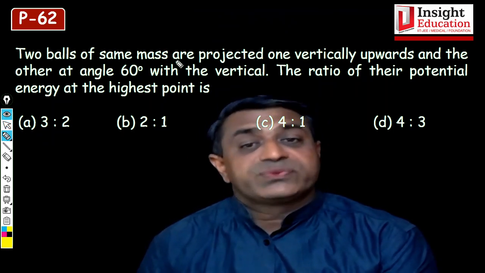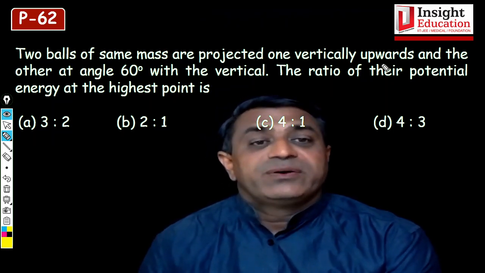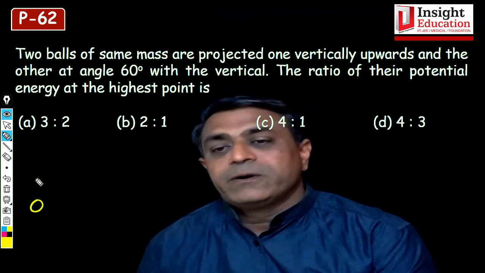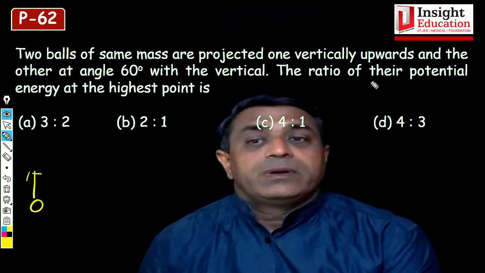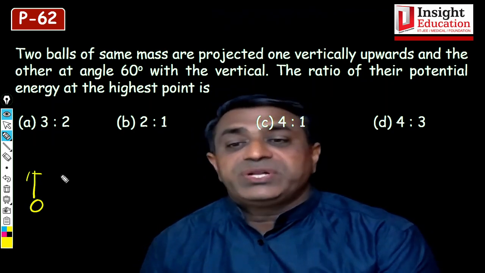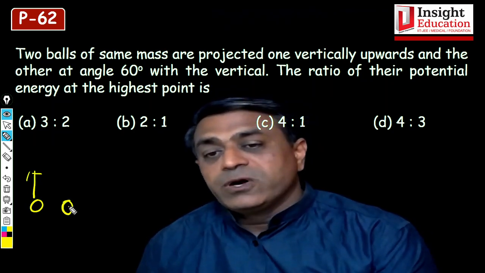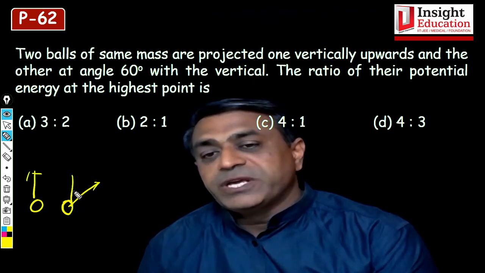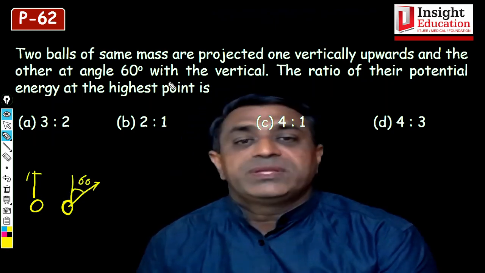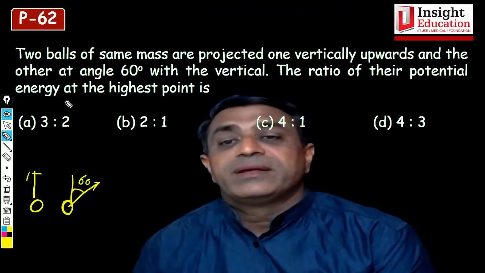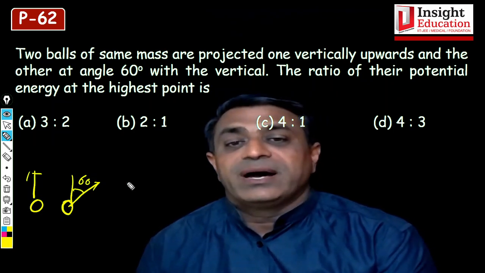Two balls of the same mass are projected, one vertically upward and the other at an angle 60° with vertical. The ratio of their potential energy at the highest point.